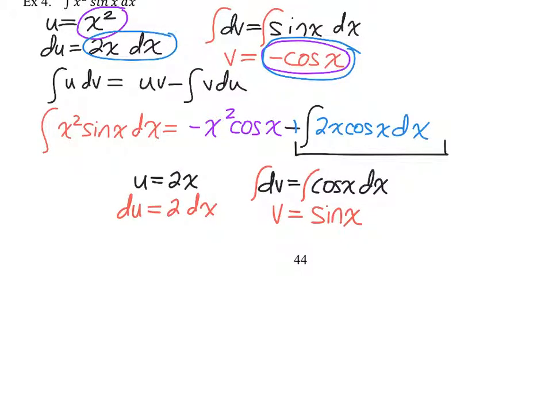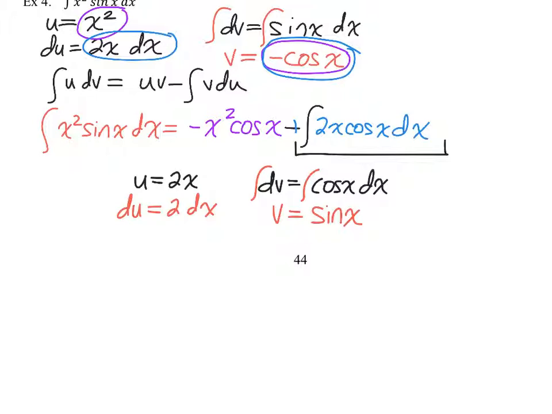This is the key here. Looking at the progression of my du's, see how it went from x squared to 2x down to a 2? Consistently getting simpler and simpler. In my rule, there is always v du. It was the du part in this step that kept me from being able to integrate this.